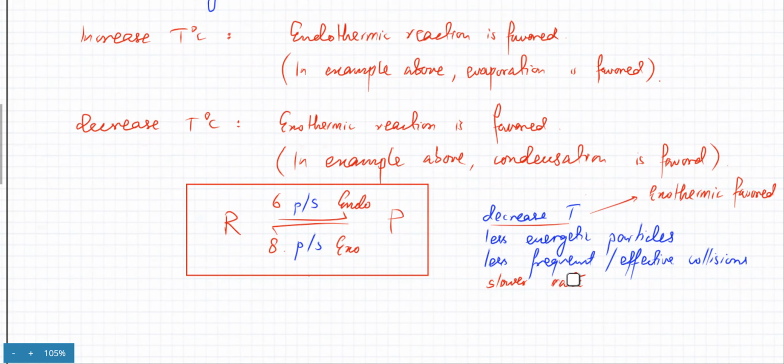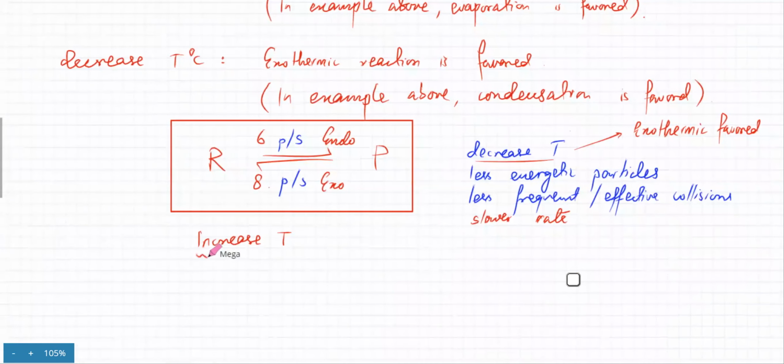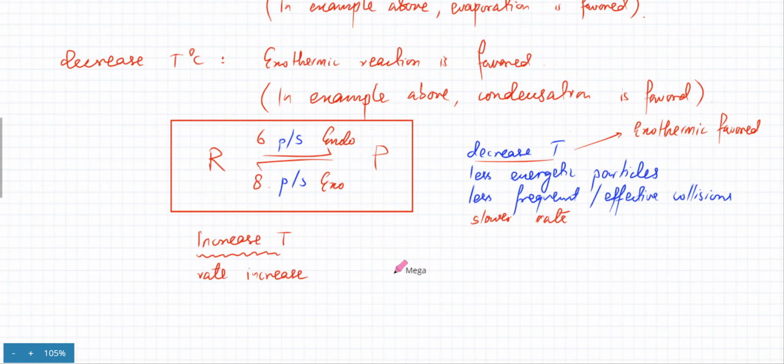What if I increase temperature? If I increase temperature, I'm going to write it over here. The rate of reaction is going to increase, because if you increase temperature, the particles have more energy and they're going to have more frequent and effective collisions.